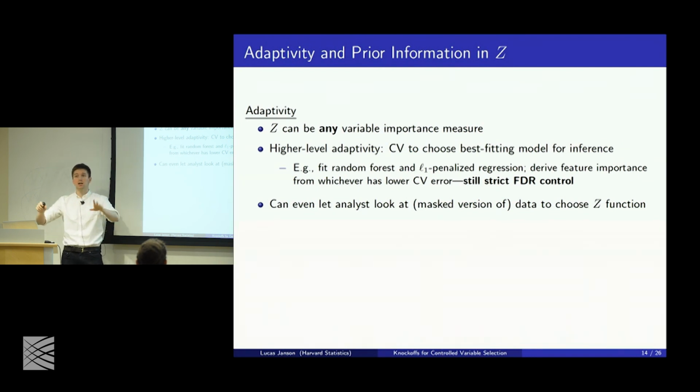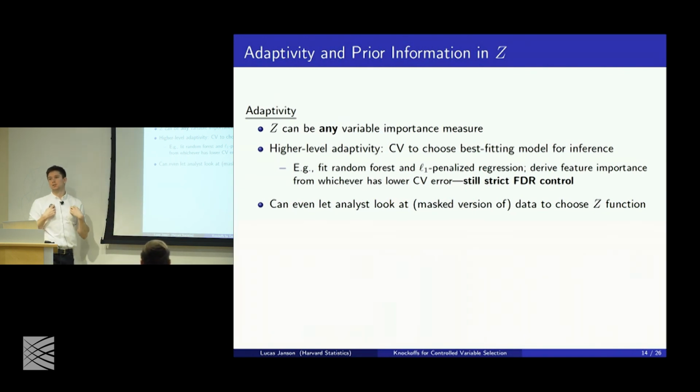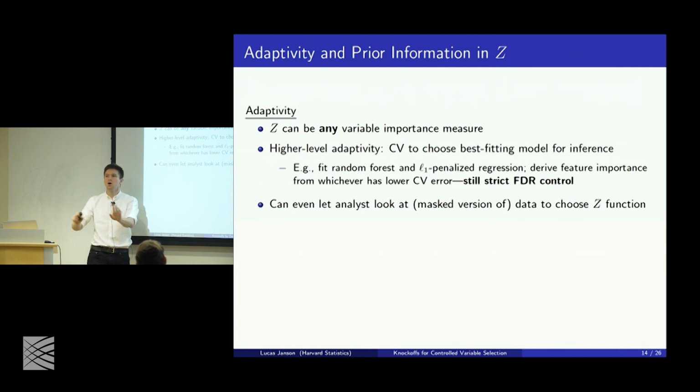If I give you that, you can do whatever you want. Literally anything to compute Z, and then you just give me back Z, and that is going to give me FDR control. So I don't even need to know what you did. You don't have to tell me anything, but I have constrained your information a little bit by masking which one is X_j and X̃_j, and you can do anything you want, and that's going to give you exact FDR control.